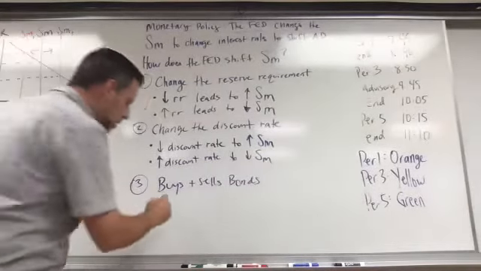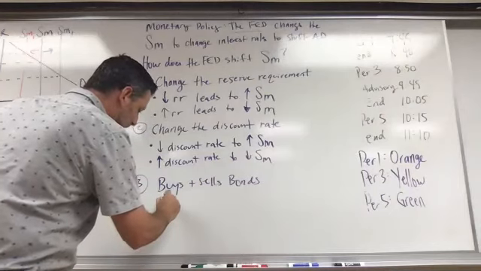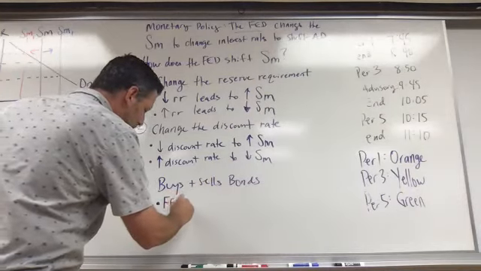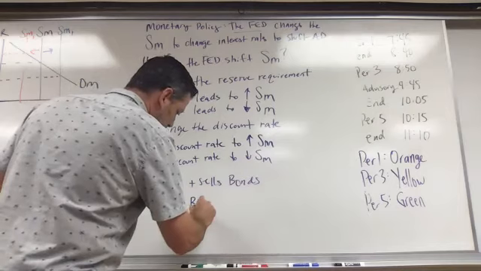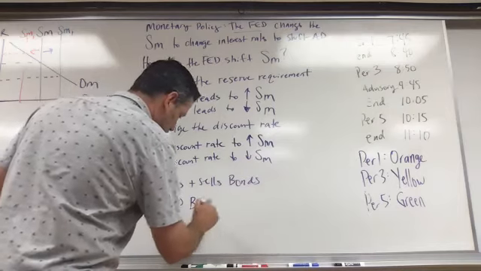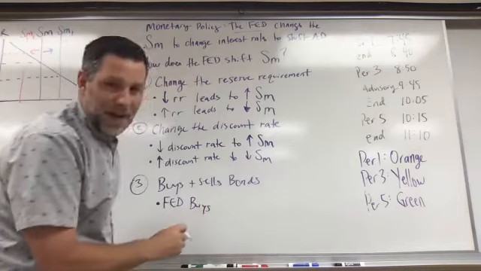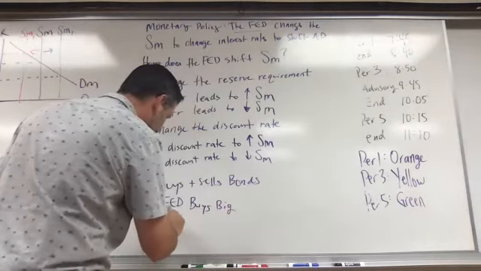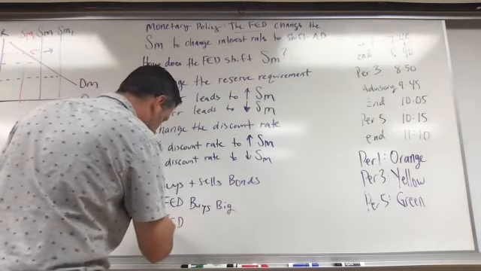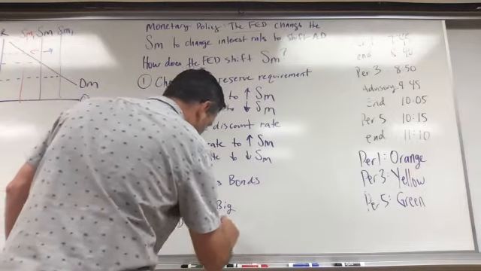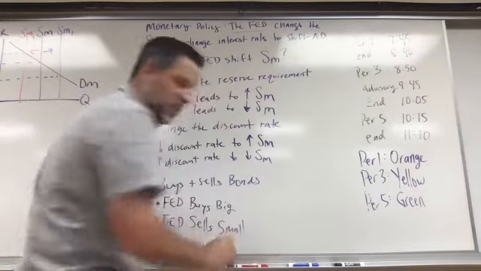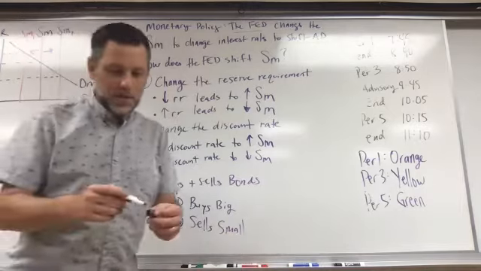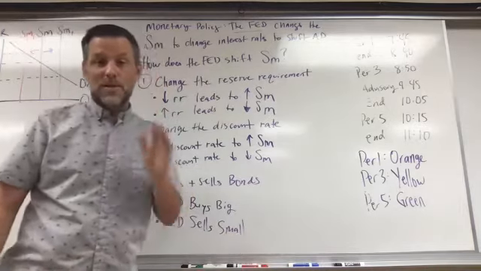In order to remember what the Fed does, we're going to say the Fed buys big and the Fed sells small. So you've got a little alliteration there, a mnemonic device to help you remember what the Fed does.